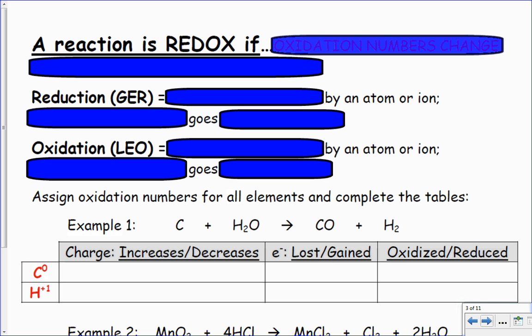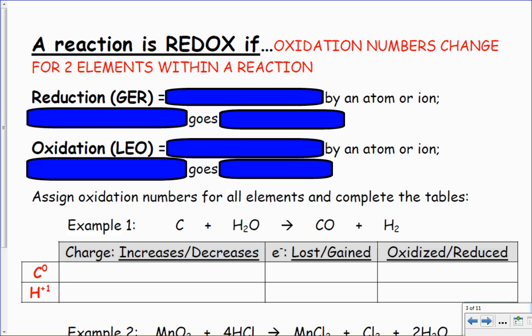A reaction is redox if and only if the oxidation numbers change for two elements within a reaction, not just one. We need both, and that was kind of what I was getting at in the first two videos without actually saying it.